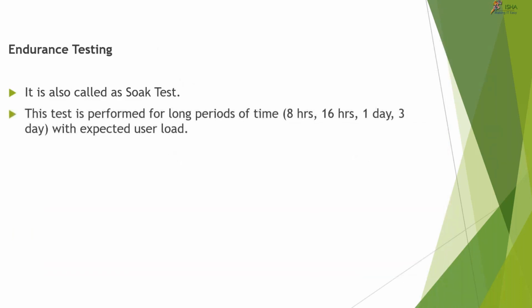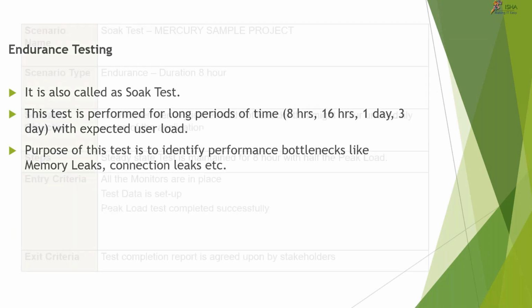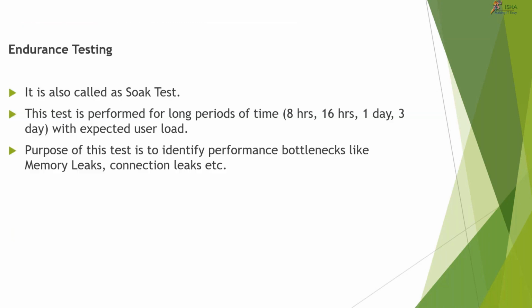Endurance is used for stability. It's used for a minimum of 8 hours, and it goes up to 3 days. The main purpose is to identify memory leaks or any other connection leaks.